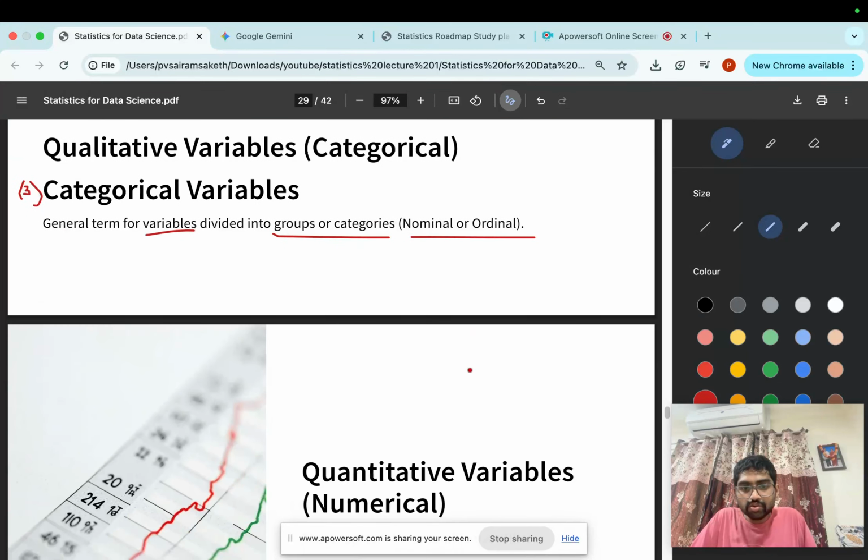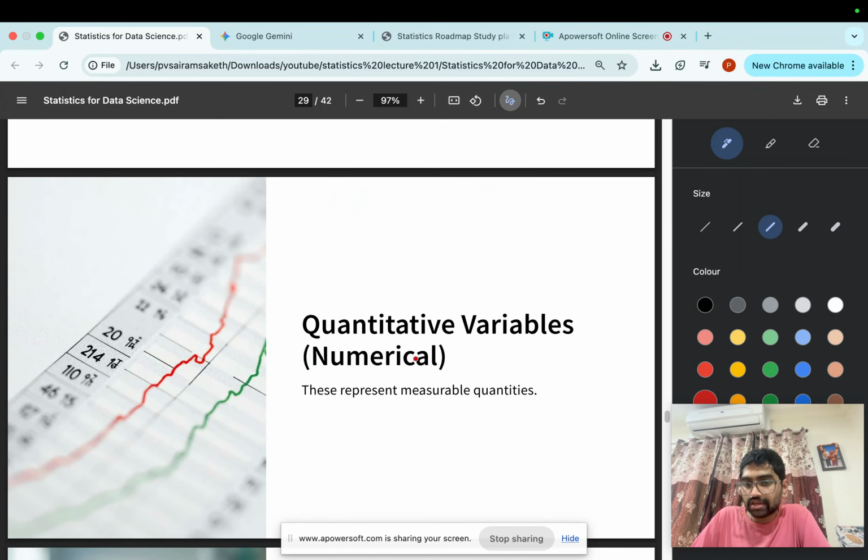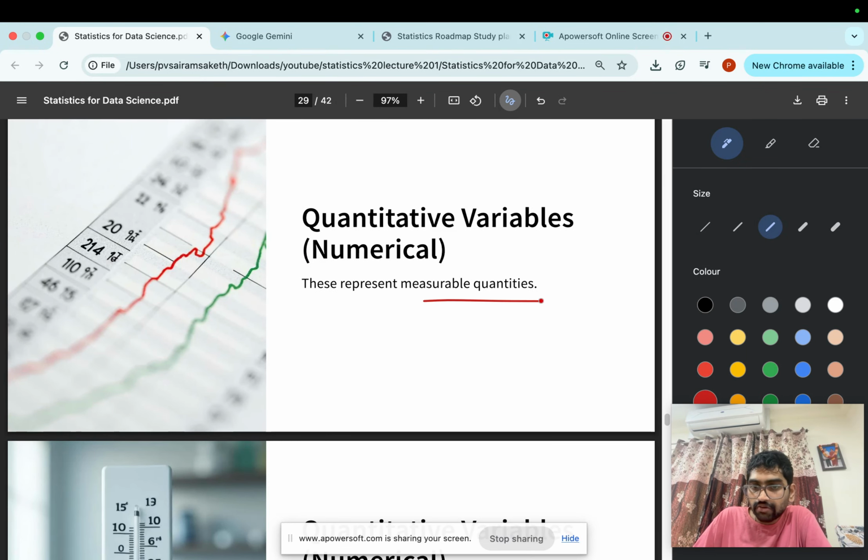Now next comes quantitative variables, that is, numerical variables. This measures quantities, meaning numbers. Let's take the example of a house, with area and price. If my area is Bombay or Mumbai, the price will be 50,000.